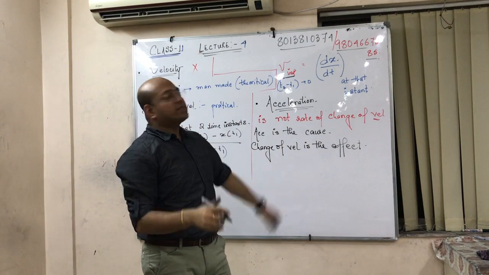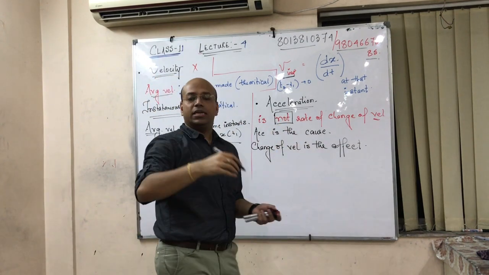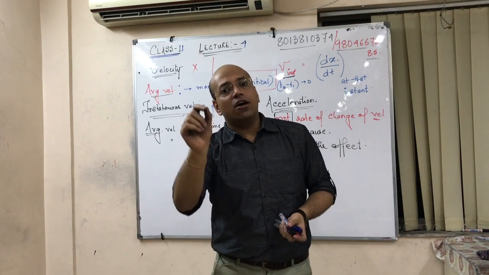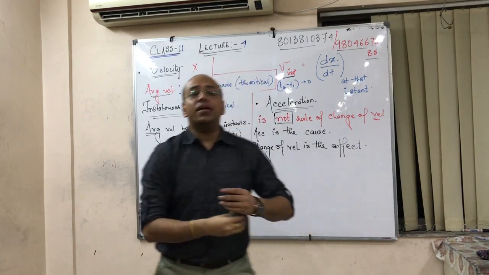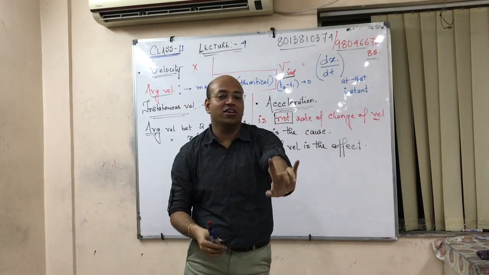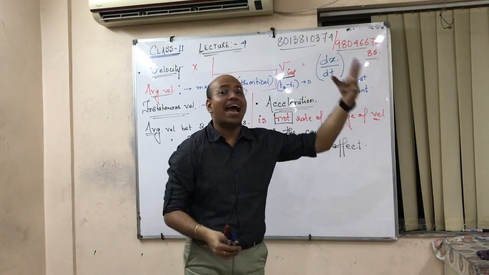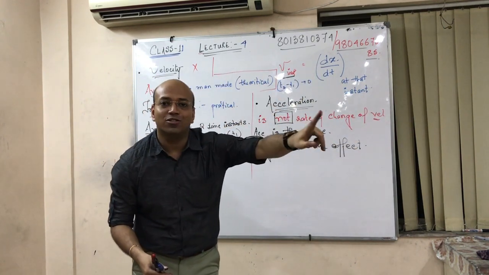If I say acceleration is the rate of change of velocity, that signifies that first velocity changes, then acceleration happens. No. When you give a force, it produces an acceleration. Force produces acceleration, and acceleration produces the change in velocity.